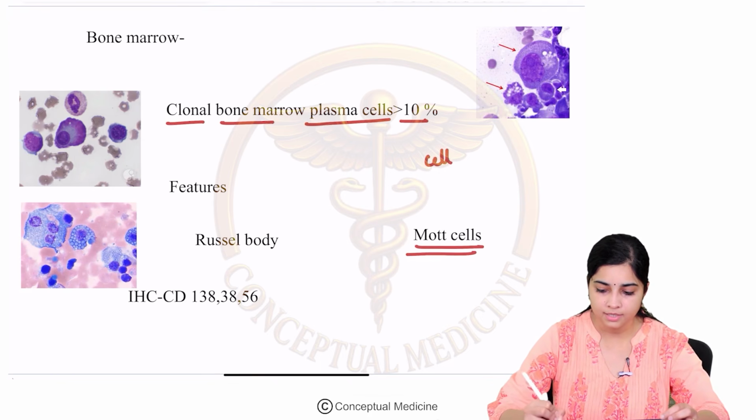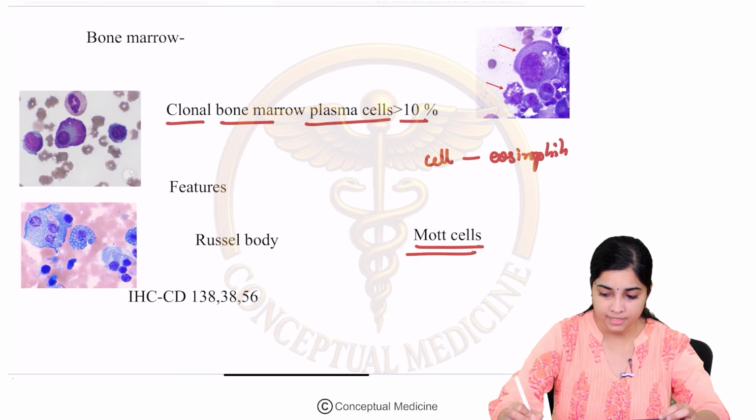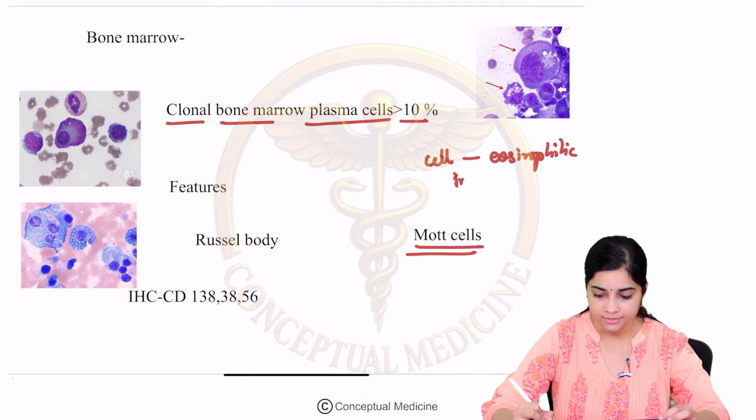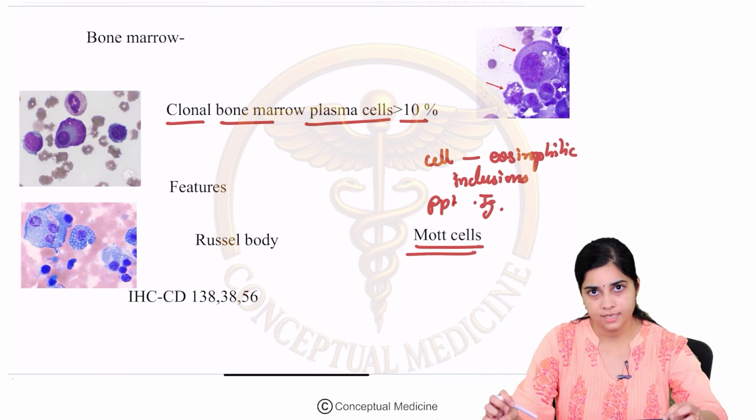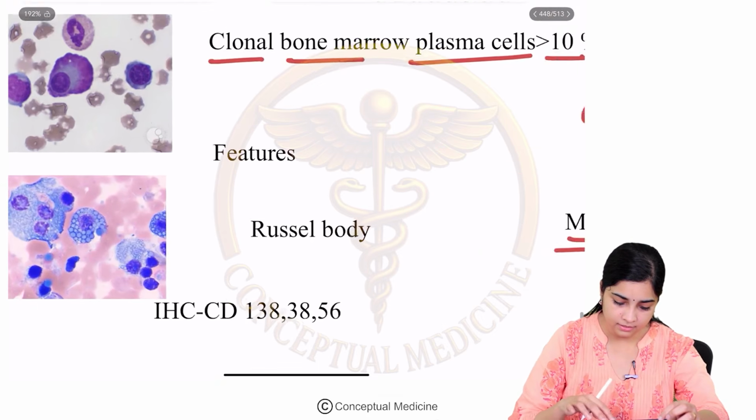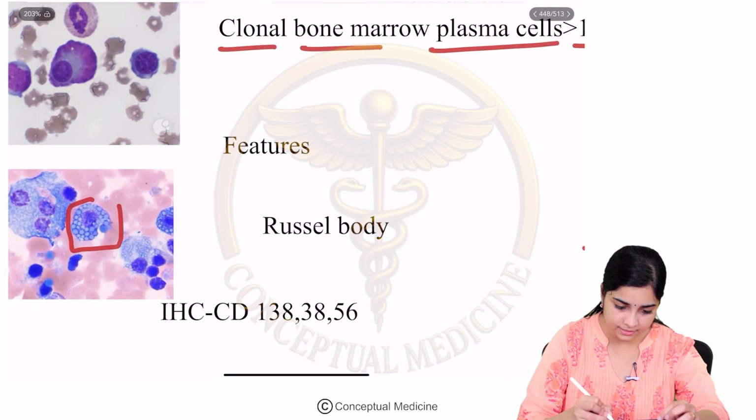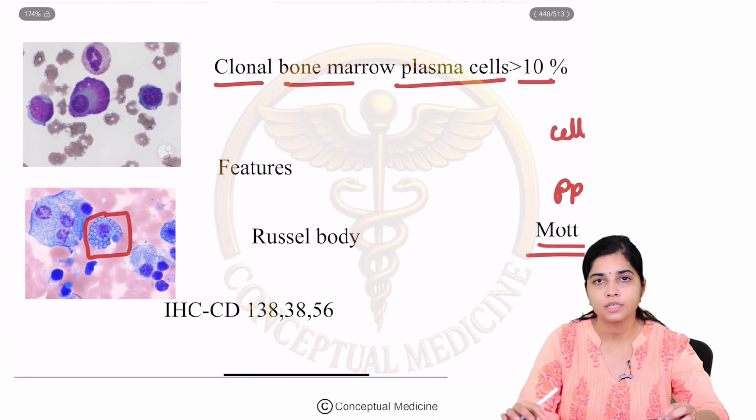Within the plasma cell, you may find eosinophilic inclusions, which are basically precipitated immunoglobulins, and this is what we call the Mott cell. Can you see here this vacuolated appearance? This is what we call the Mott cell.